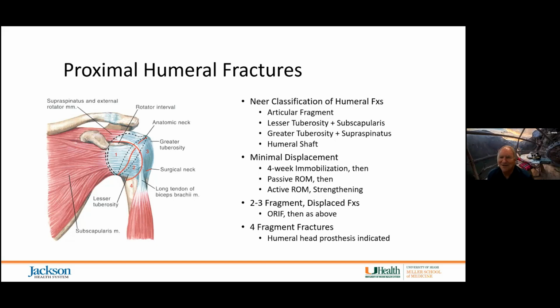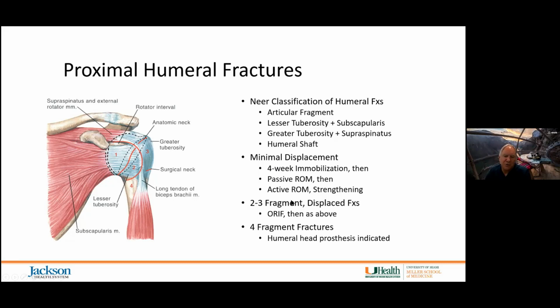The NEAR classification for humeral fractures include, there's simply articular fragments. If you have the lesser tuberosity and the subscapularis involved, the greater tuberosity and the supraspinatus involved, and or the humeral shaft. So if you have minimal displacement, then they talk about using 4 weeks of immobilization, and then passive range of motion and active range of motion in that order in the progression.